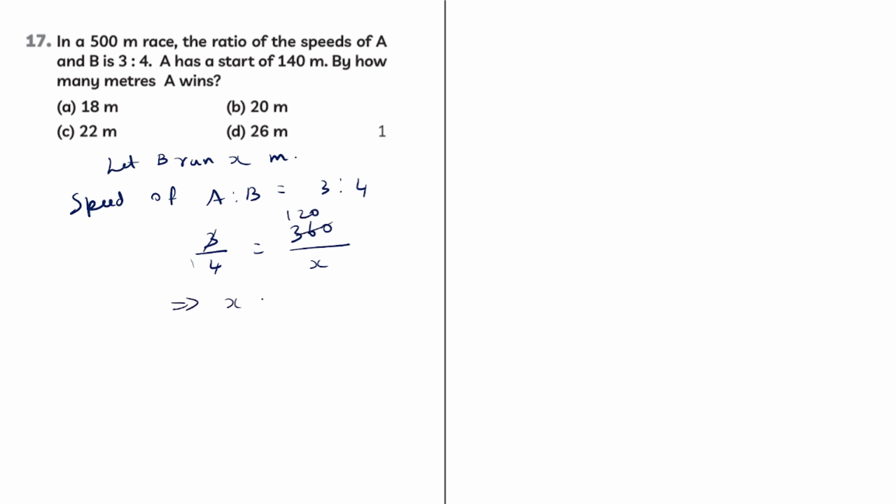We have x equal to 480 meters. As a result, A wins by 500 minus 480, that is 20 meters. So the correct option is option B, 20 meters.